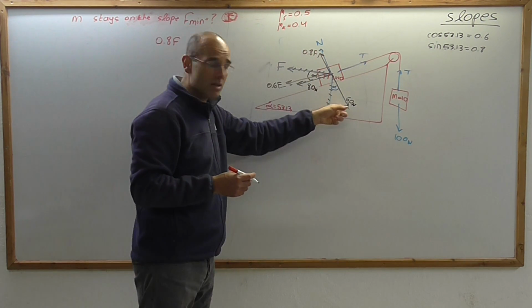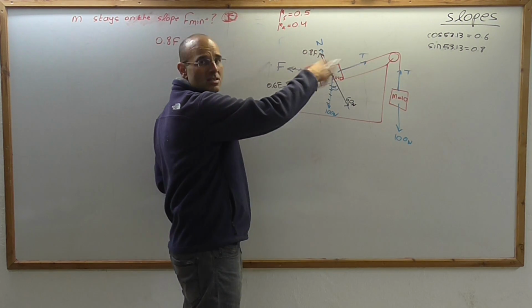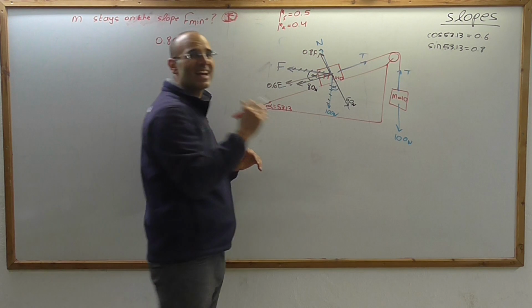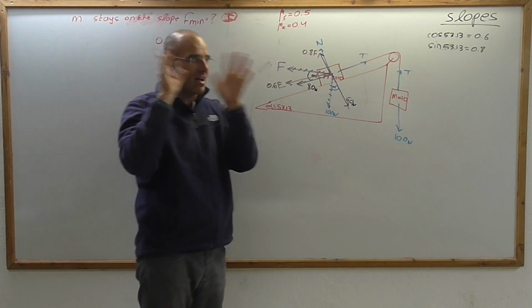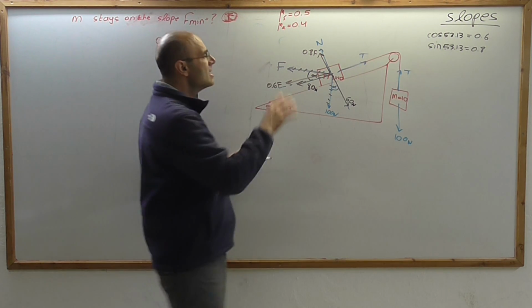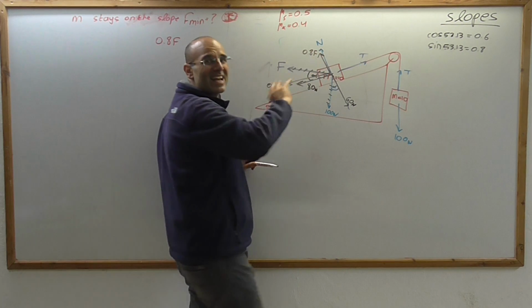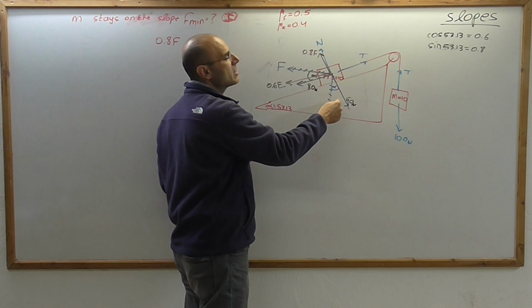If it's smaller than that, the N will adjust itself in order for this mass not to move. Because N can adjust itself, it's similar to the friction in the idea, to the maximum friction. It's similar, but it's not the same. Normal force always can adjust itself up to a point when this force is bigger than this force.